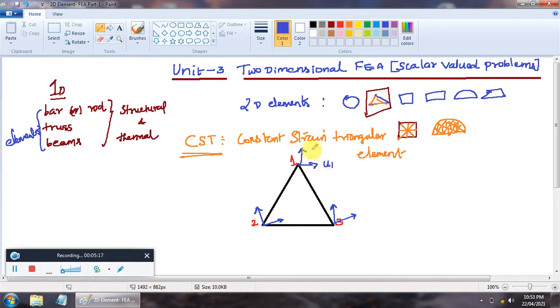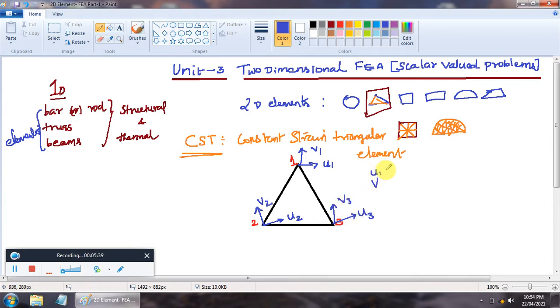Let us say the displacements are u1, v1, then u2, v2, then u3, v3.